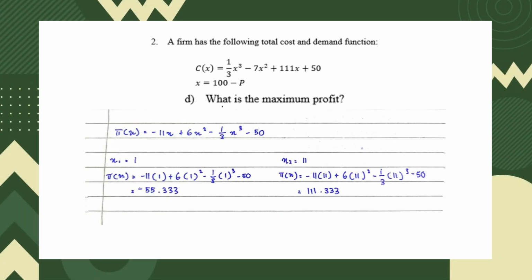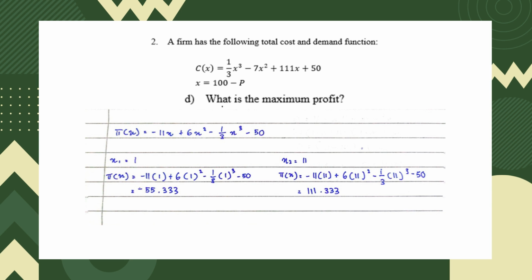In question 2D, we have to find the maximum profit. Since we have the profit function, which is negative 11x plus 6x squared minus 1 over 3x cubed minus 50, we can get the maximum profit by substituting the values of x that we got from question 2C, which are x1 equal to 1 and x2 equal to 11.